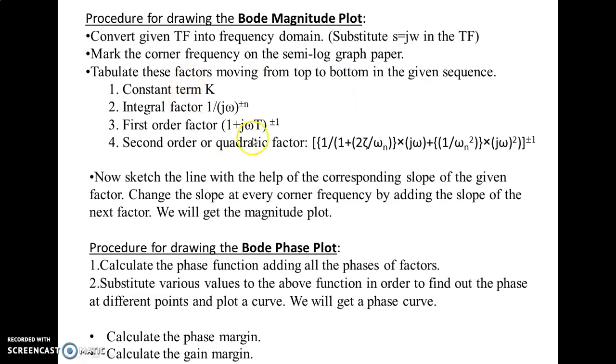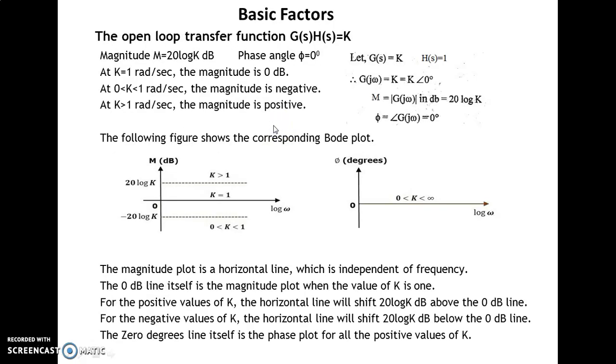Okay, so first we will take the constant term K. Here the open loop transfer function, G(s)H(s), equals K. If H(s) equals 1, G(s) equals K. It has magnitude and phase.